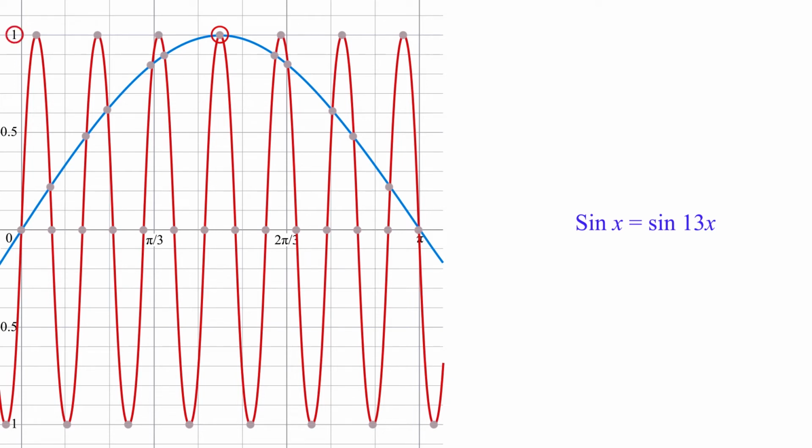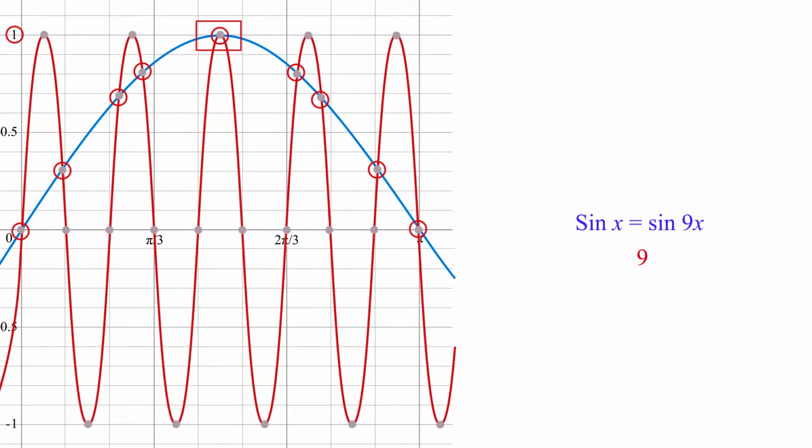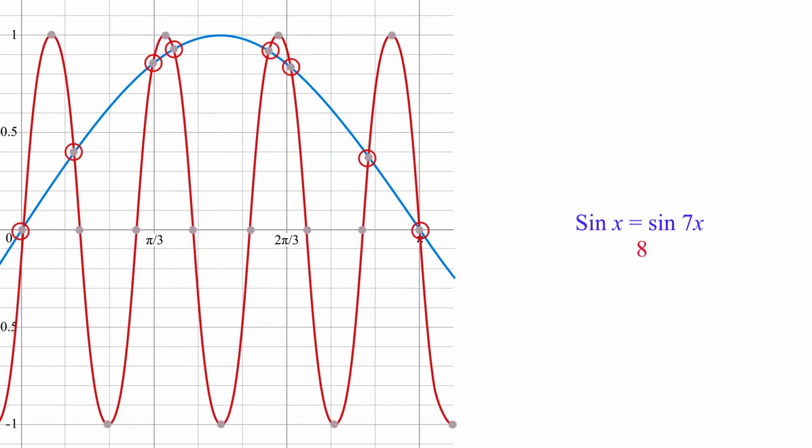So this gives us 1, 2, 3, 4, 5, 6, 7, 8, 9, 10, 11, 12, 13 intersection points. So 13 intersection points when n is 13, 9 when n is 9, 9 intersection points when n is 8, and 8 intersection points when n is 7. Let's fill those in the table.